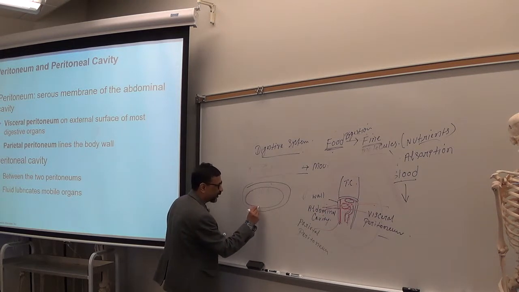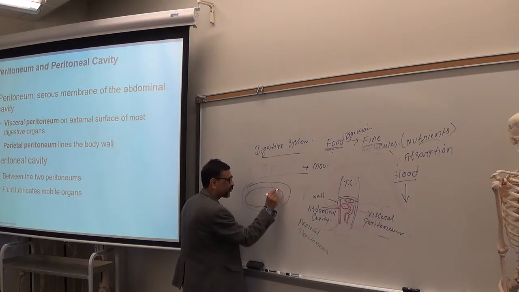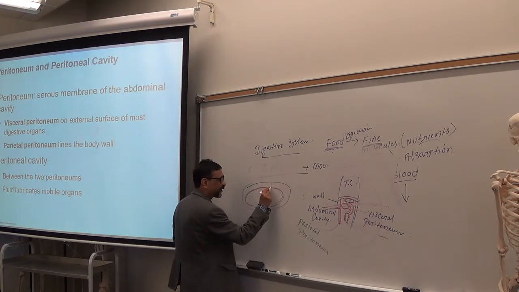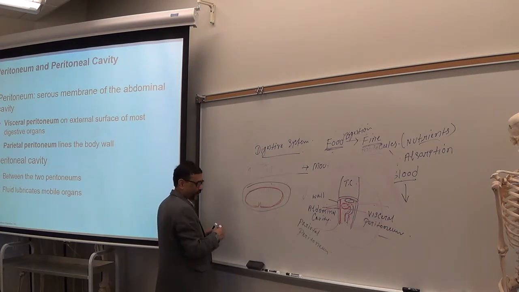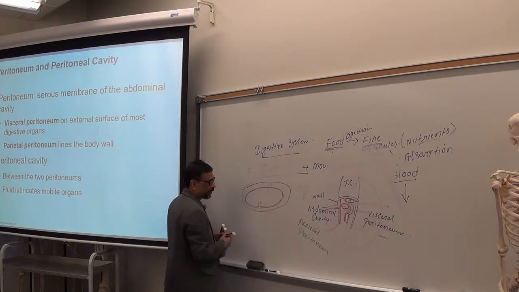So this peritoneum is what? Parietal or visceral? Parietal. Make sense? Attached to the wall. And from there, what happens? Goes inwards like this and covers the internal organs.